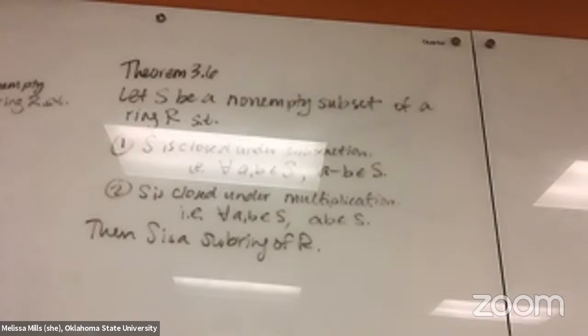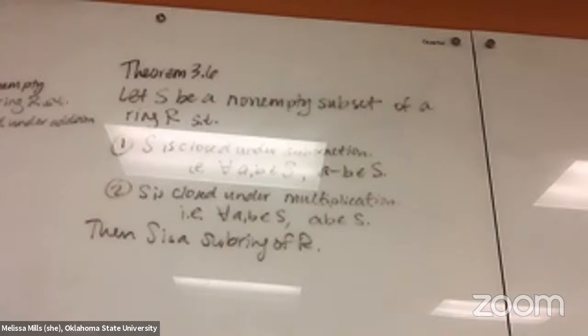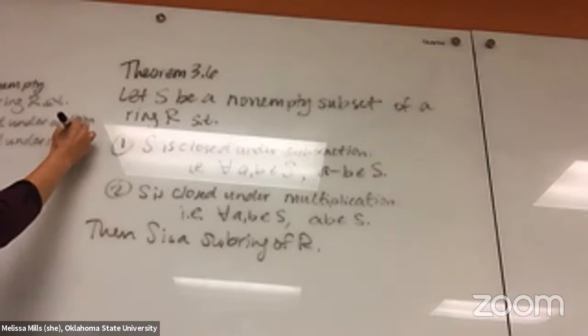So this one had 4 things. So one is S is closed under addition. The second thing is S is closed under multiplication.